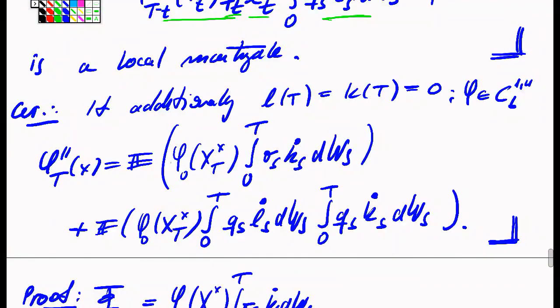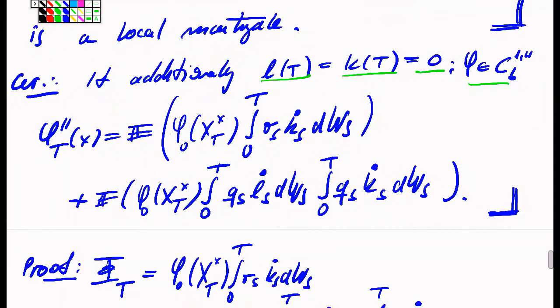And as a corollary, if we moreover assume that L of capital T equals K of capital T equals 0, and phi is this solution, then we ultimately obtain this representation, which is basically the main step for this Bismut derivative formula. We find that the second derivative of phi at time t evaluated in position x equals this expectation, which is now a sum of two expectations.